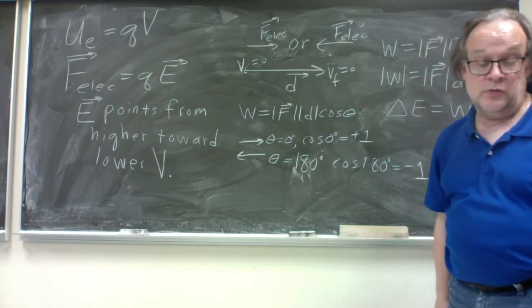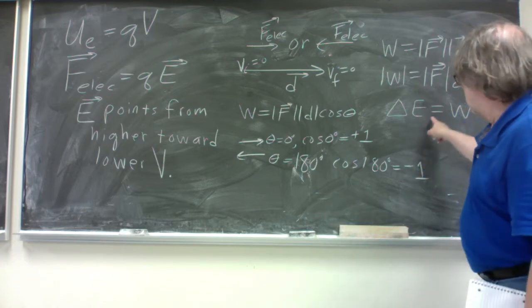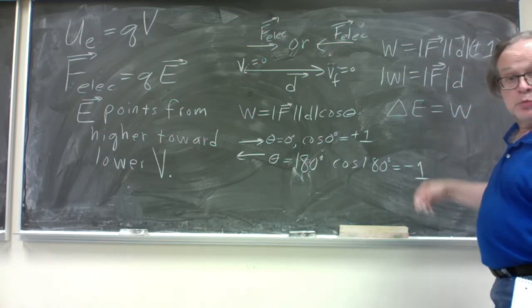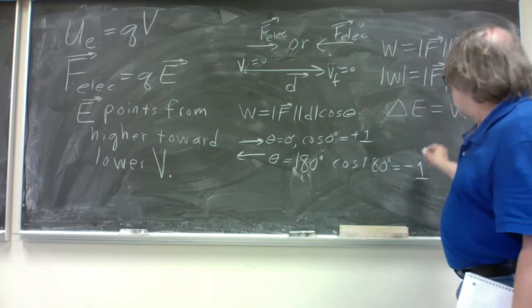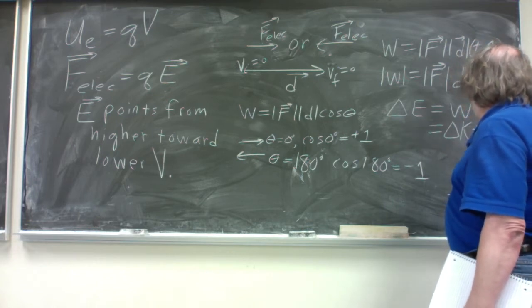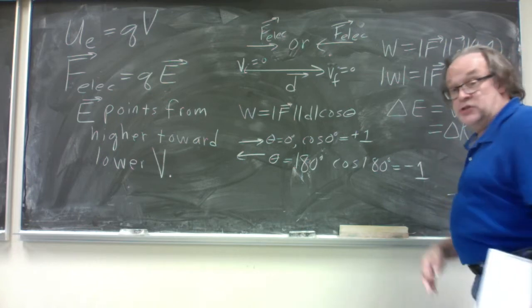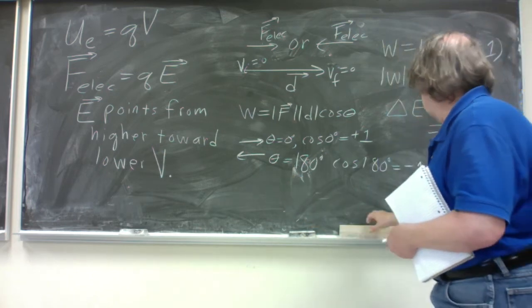The numerical value of work done tells you by how much the energy changes. But of course, within that system, the energy change can show up as a change in kinetic energy and or a change in potential energy. And the kind of potential energy that we've got now is electric potential energy.